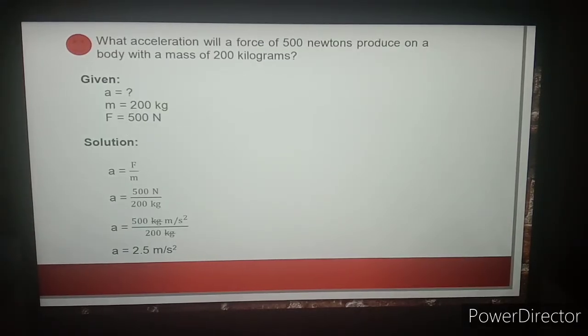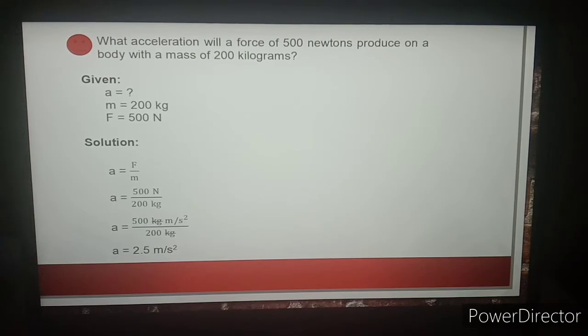Next problem: what acceleration will a force of 500 newtons produce on a body with a mass of 200 kilograms? Can you identify what is unknown in the problem and what are the given?